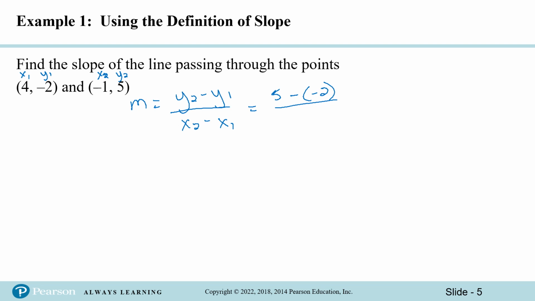You need both of them. Our second x value minus our first one. So we have 5 plus 2, and we get negative 7/5. Guys, that negative can be on the top or the bottom or out front. We typically do not leave it in the denominator, but you end up with the same number. It doesn't matter where the negative is, we usually put it out front or in the numerator.